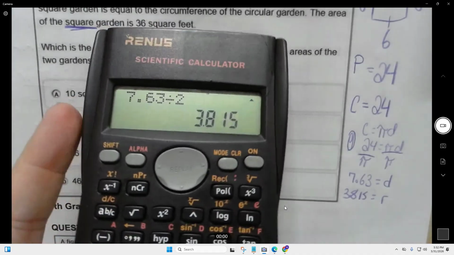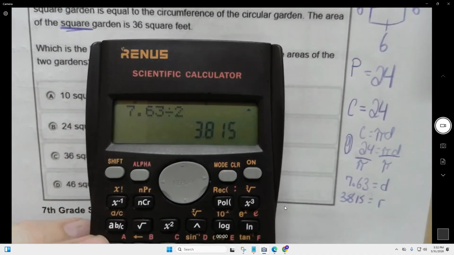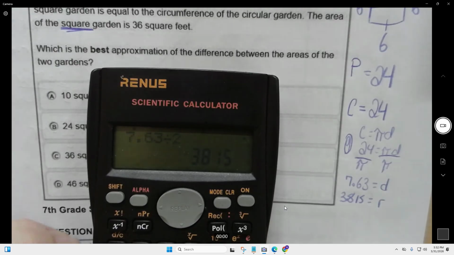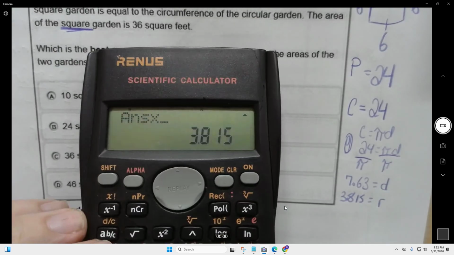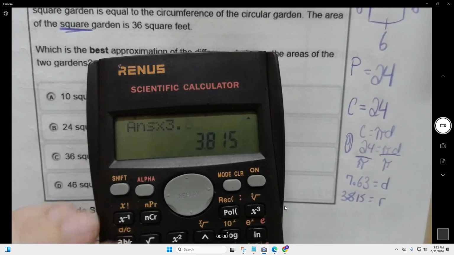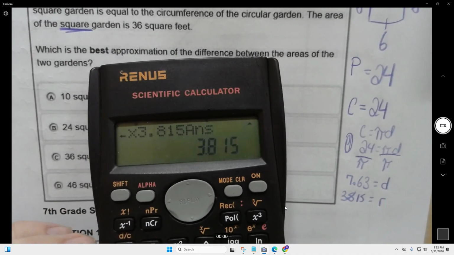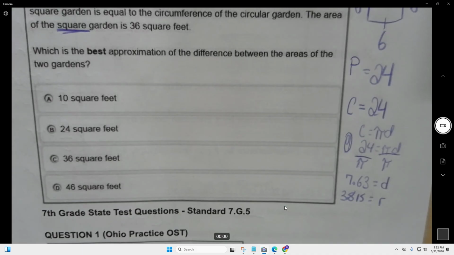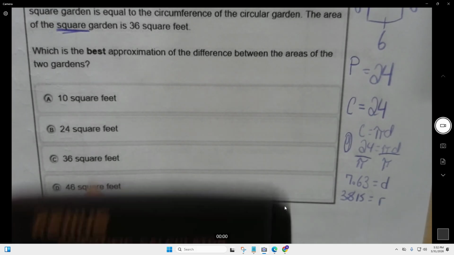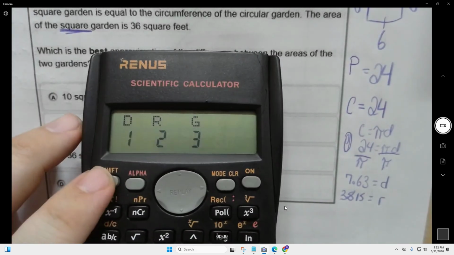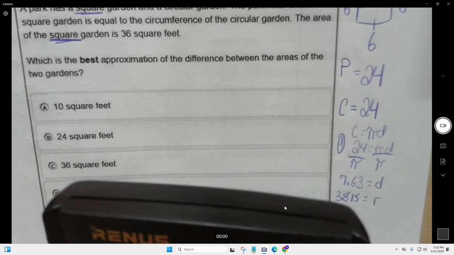But then multiply by the radius, so 3.815, and then multiply by pi.